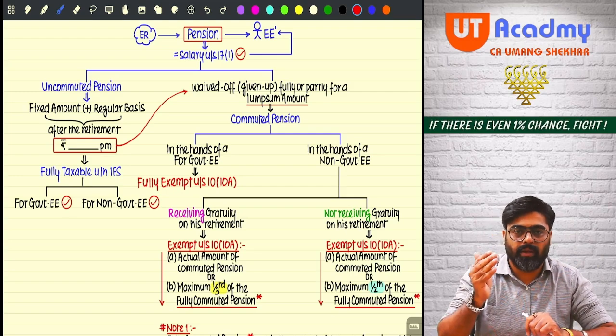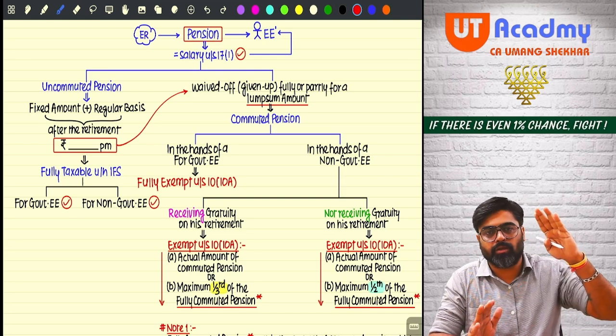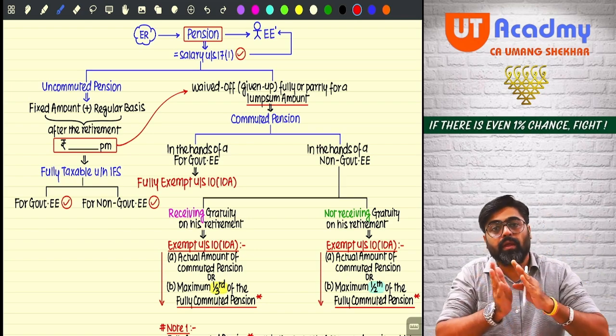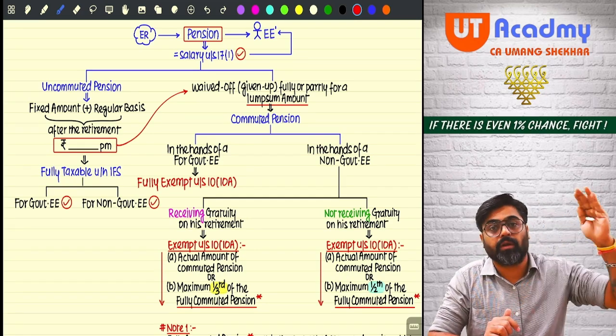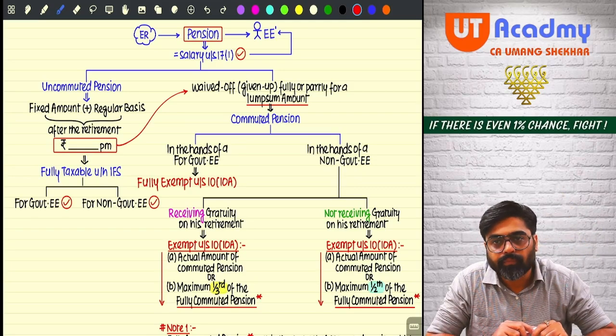So there might be a contract between the employer and the employee that, okay, your retirement age will be 60 years. After you retire, we will give you a pension, and the amount of that pension will be 10,000 per month.